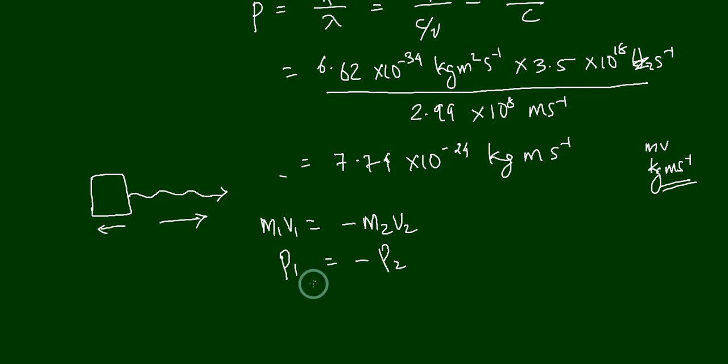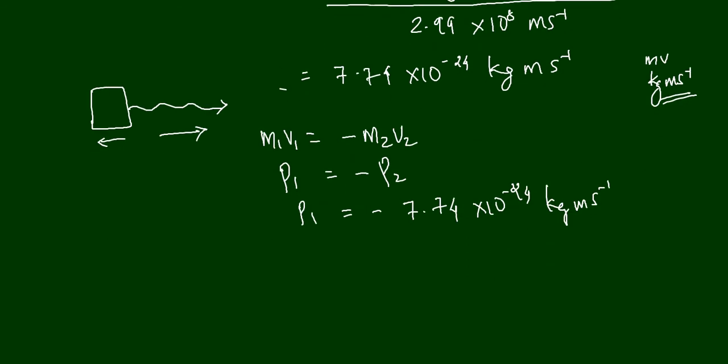Okay, from this one we can write that P1, the momentum of the source, is equal to the negative of the momentum of the photon, that is minus 7.74 into 10 raised to minus 24 kilogram meter second raised to minus 1. We can write it like this, right?